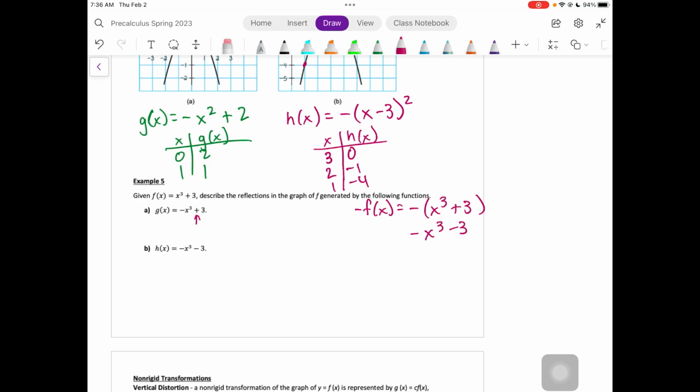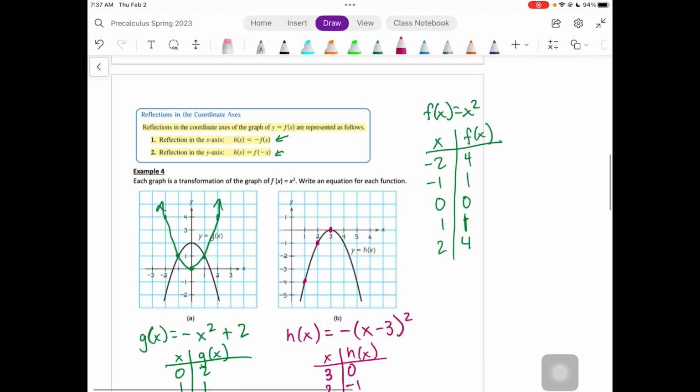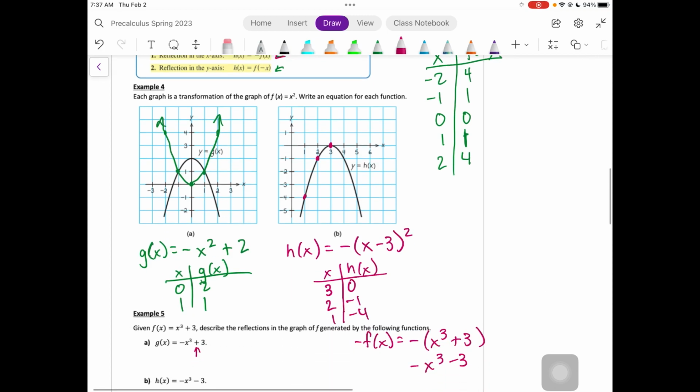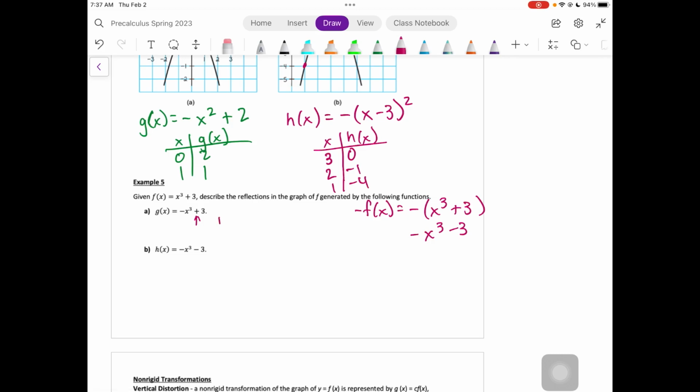And when you multiply the entire function by a negative, remember up here that was your reflection over the x-axis, right? So this one is reflected over the x-axis. Put it in the wrong spot.